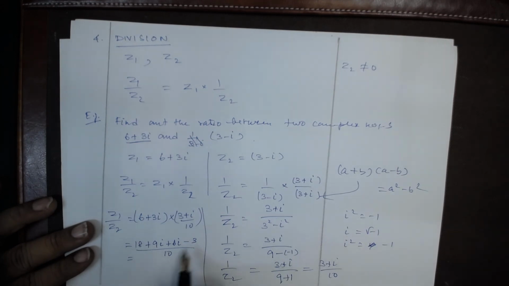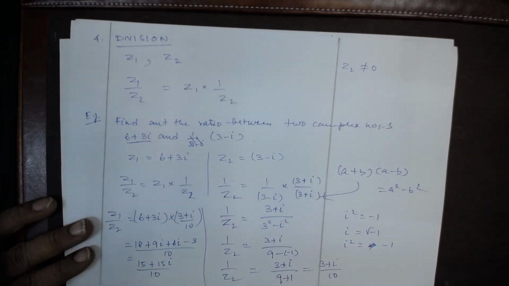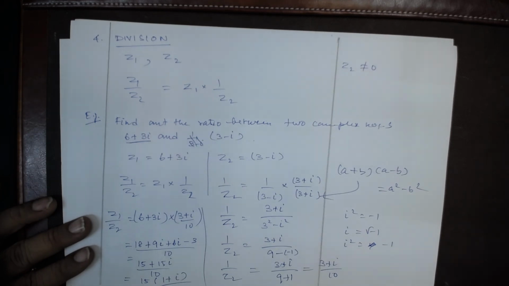So 18 minus 3 is 15, and you have 9 plus 6, 15i, divided by 10. So you can take 15 outside the bracket, which is nothing but 1 plus i divided by 10. So 3 times, and this is 2 times.